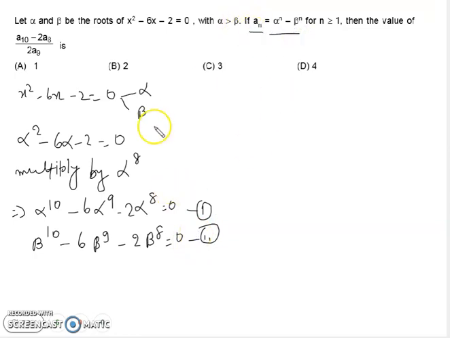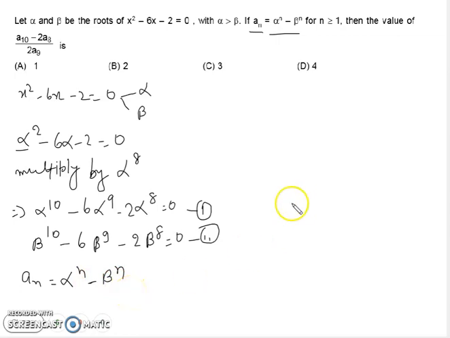An is equal to alpha to the power n minus beta to the power n. So this information is given: a_n is equal to alpha to the power n minus beta to the power n, right?